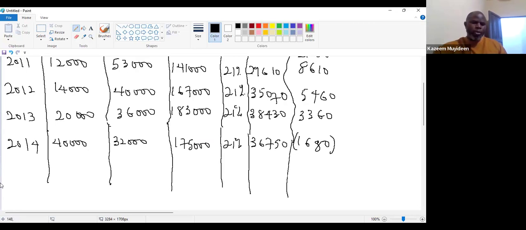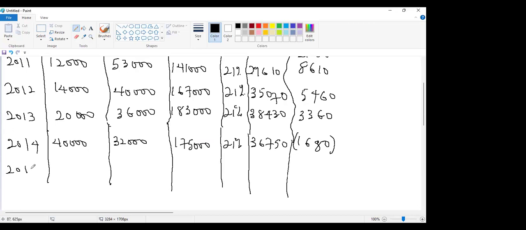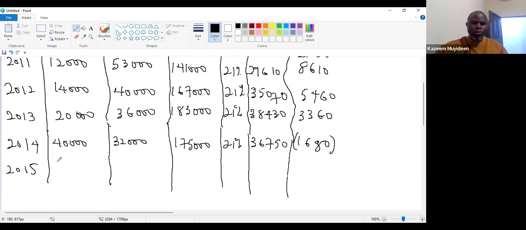2015. $44,000. $32,000. 44 minus 32 will give us 12,000.